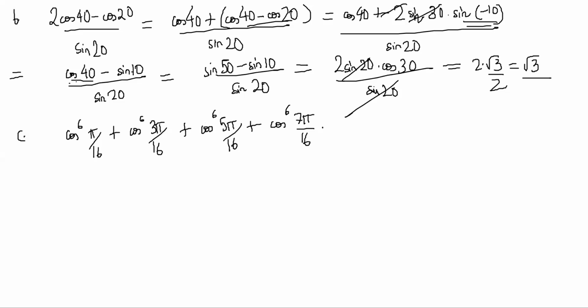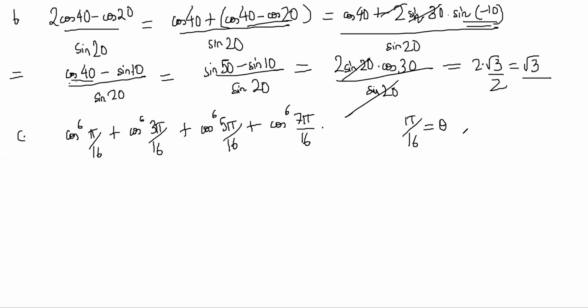Now, immediately, it doesn't seem obvious what to do. So the first thing: the sum of all angles is what? 1 plus 3 plus 5 plus 7 is 16, so pi by 16. Okay, so let's take pi by 16 as theta.